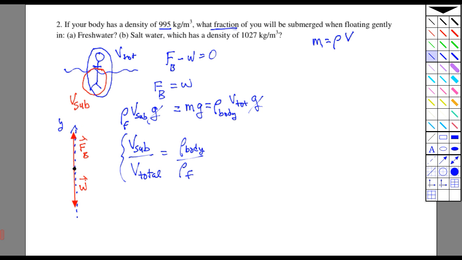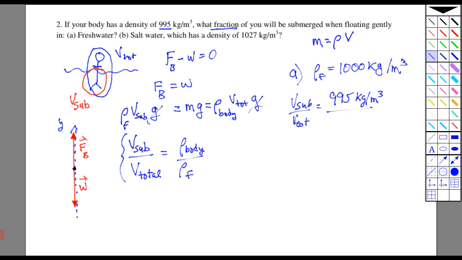So we can go ahead and do some calculations. So for part A, the density of fresh water is just 1,000 kilograms per meter cubed. So our ratio V sub over V total is equal to the density of the body, which is given in the problem, 995 kilograms per meter cubed, divided by the density of the fluid, which is just 1,000 kilograms per meter cubed.